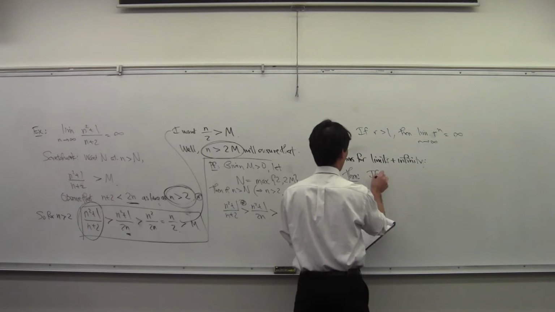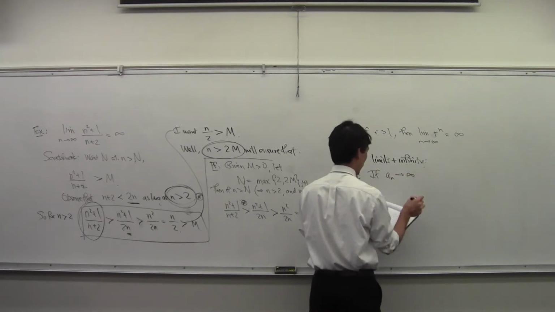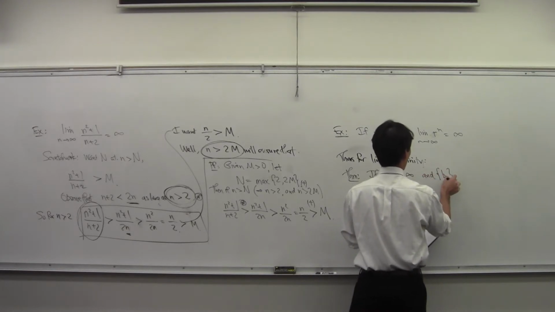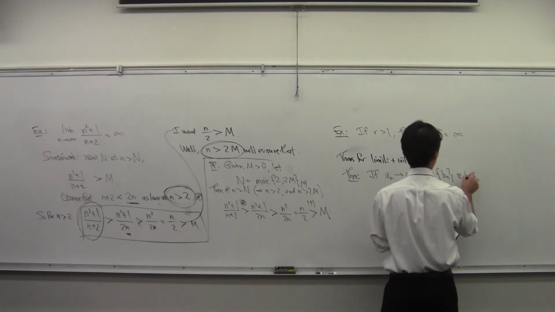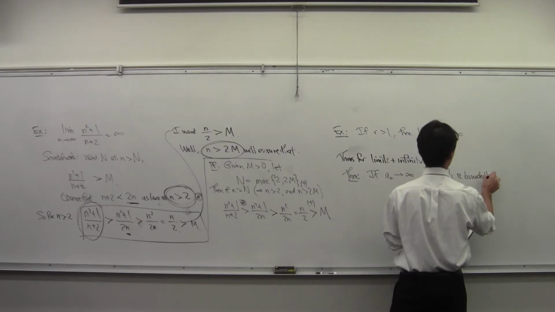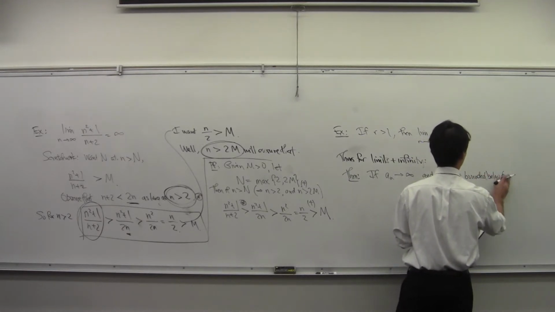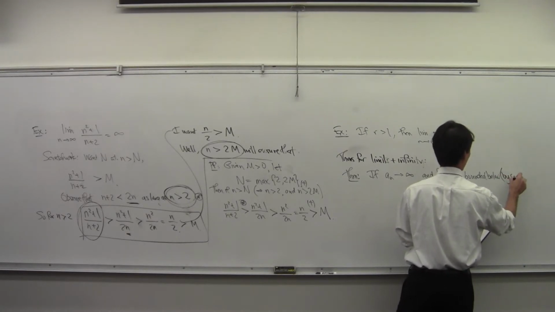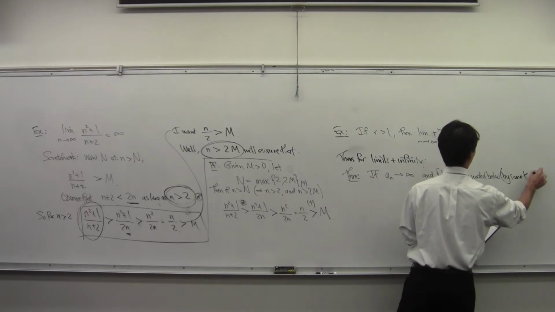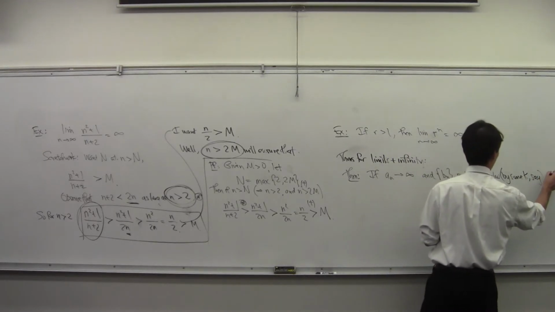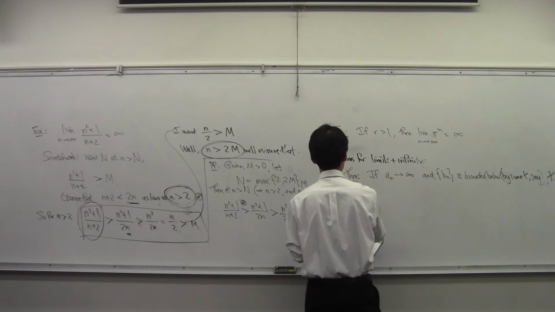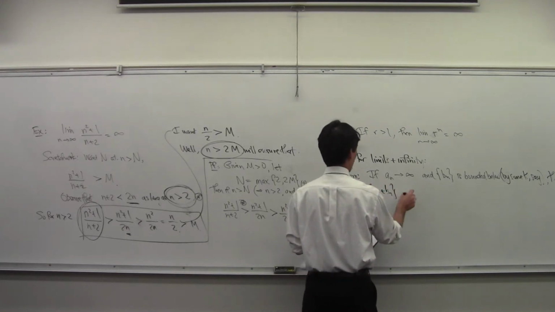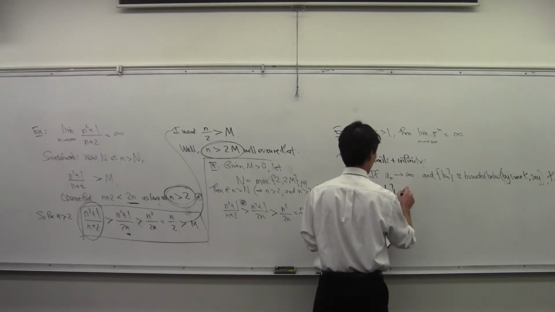If you have a sequence that converges to infinity, and you have another sequence that is bounded below by some constant, then one, a sub n plus b sub n also converges to infinity.